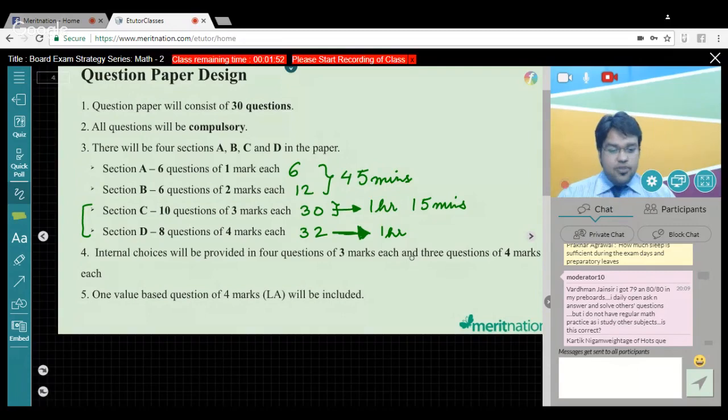Karthik, weightage of HOTS question. See, it varies, of course, but a rough estimate, Karthik, of the weightage of HOTS question is 10 to 15%. So it's like 8 to 12 probably marks of HOTS, and that too HOTS will be questions you've already seen, because there is not much variety that can be formed, especially speaking from the class 10th maths point of view.